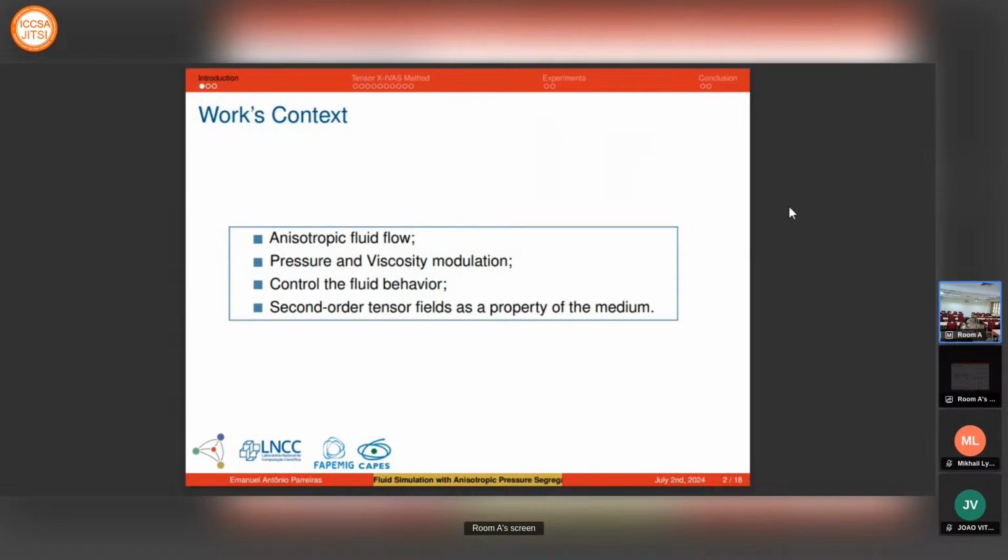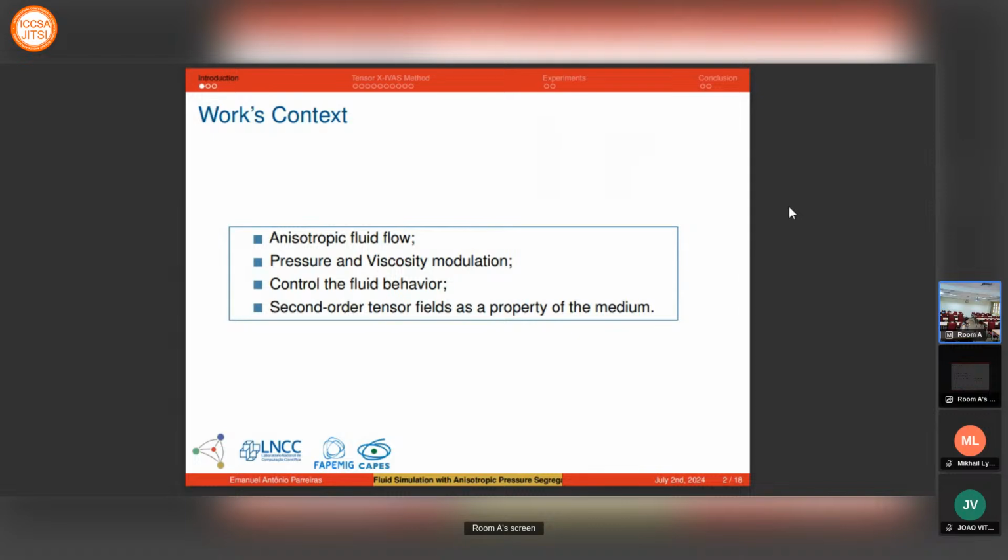One way to deviate the fluid flow is through pressure and viscosity modulation, so we can control the fluid behavior.